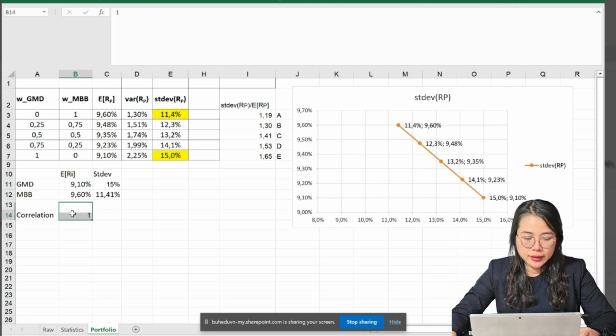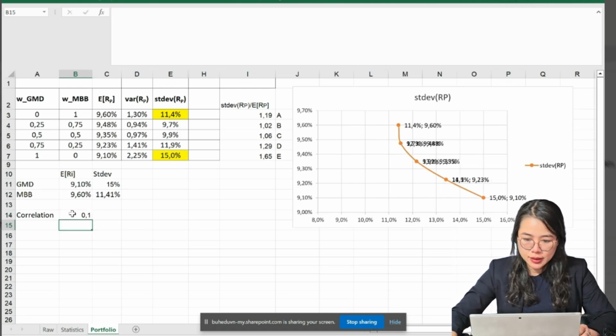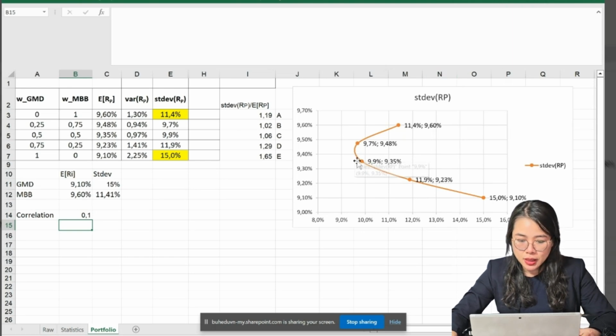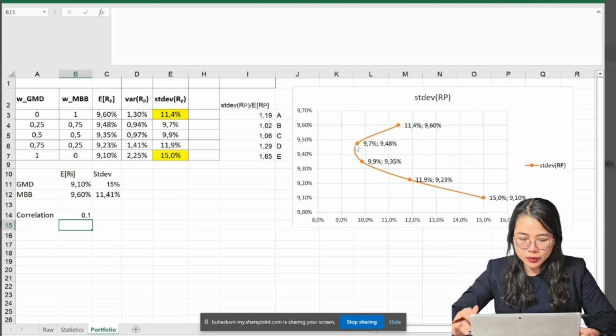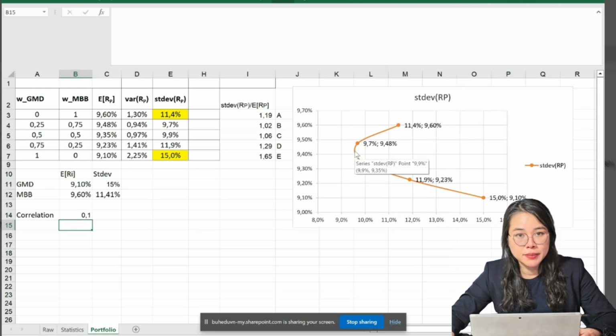And now I decrease the correlation to 0.1. You see this curve become sharper, right? Now the portfolio with the lowest risk is somewhere about 9.5%.